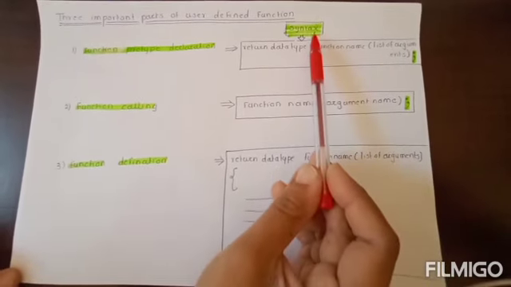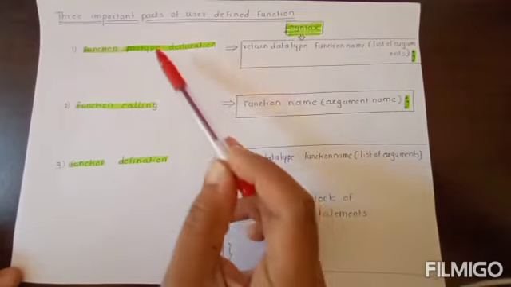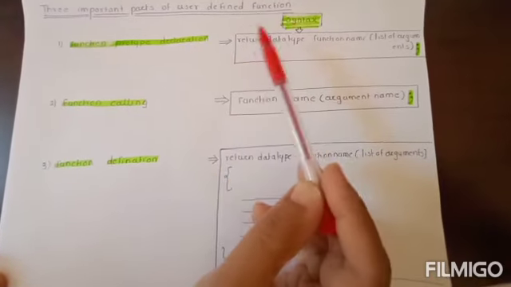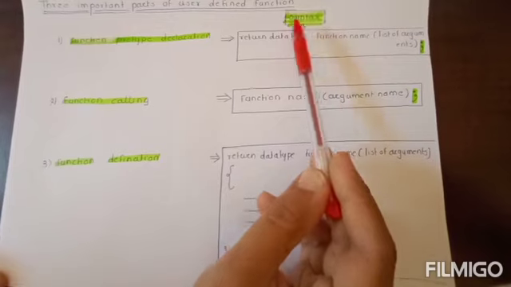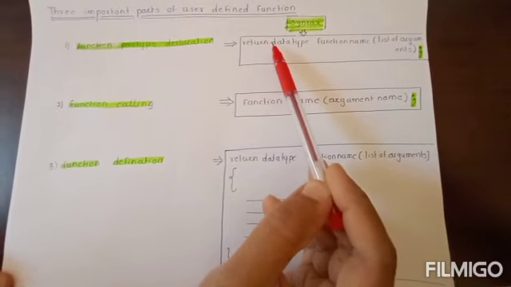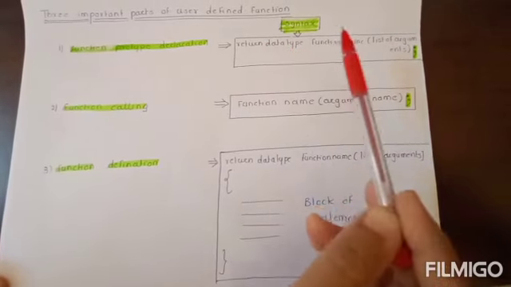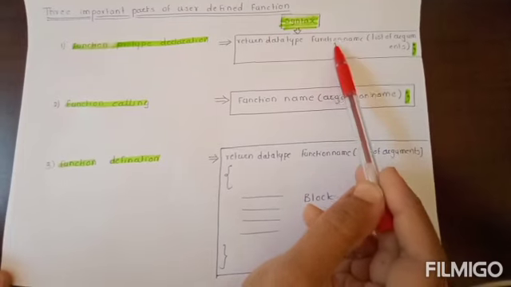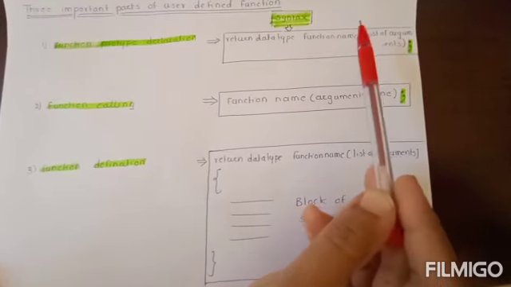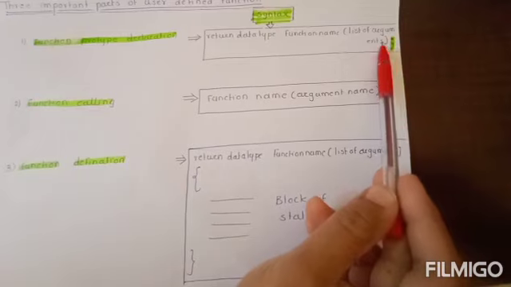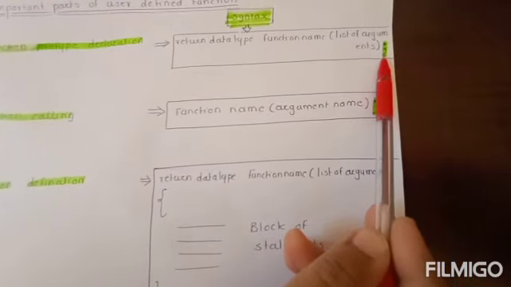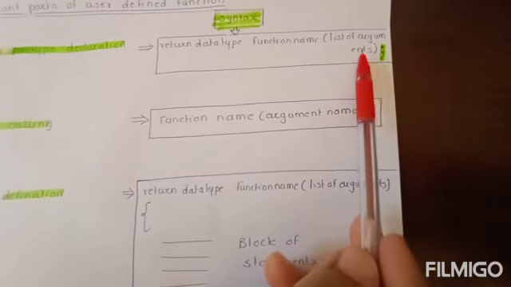Here we'll write the syntax for prototype declaration, which includes first the return data type, then the user defined function name, and in round brackets the list of arguments, ending with a semicolon.